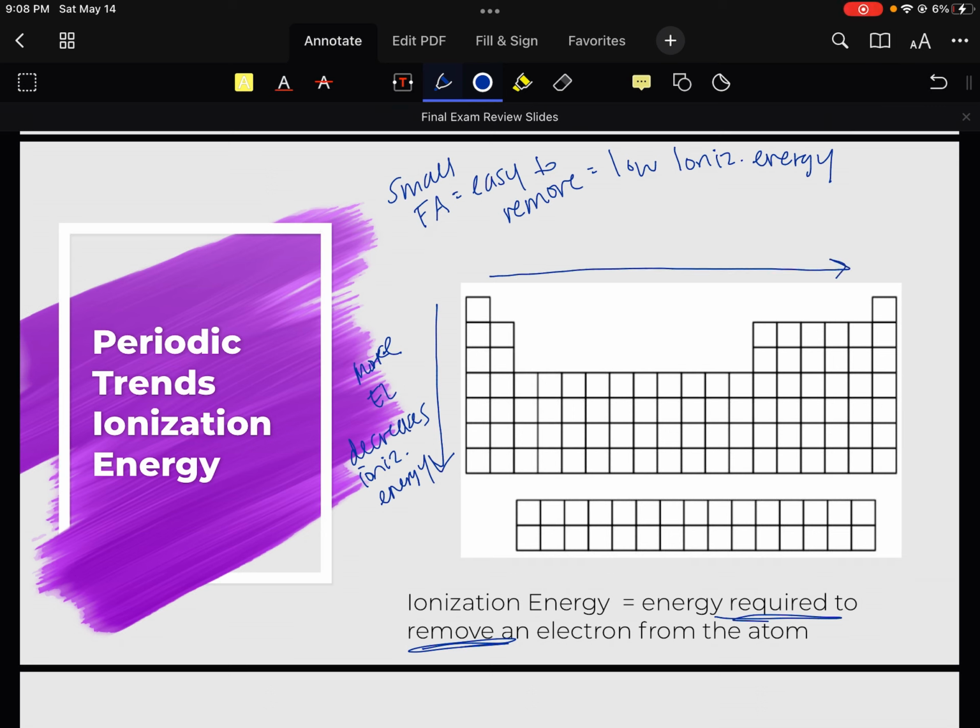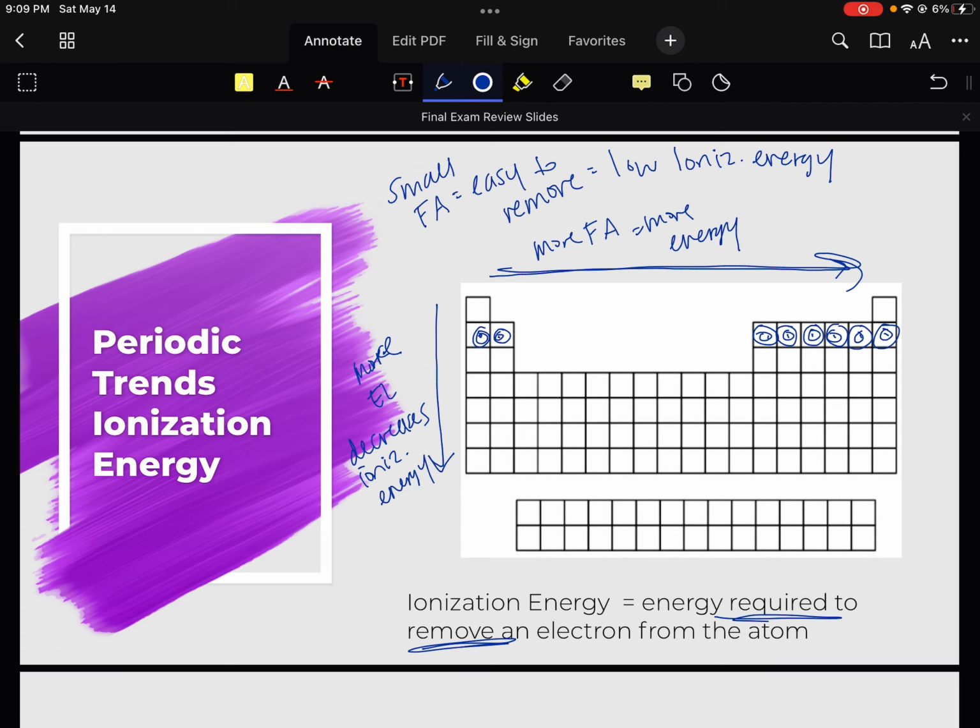As we go across, our protons are getting stronger. We have the same number of energy levels all the way across here. It's 2. So the atom's the same size. All these electrons are the same distance apart, but my magnet is getting stronger as I go this way. So stronger magnet, so more force of attraction. That means it's going to need more energy to be able to remove that electron, because I'm holding on to it tighter.